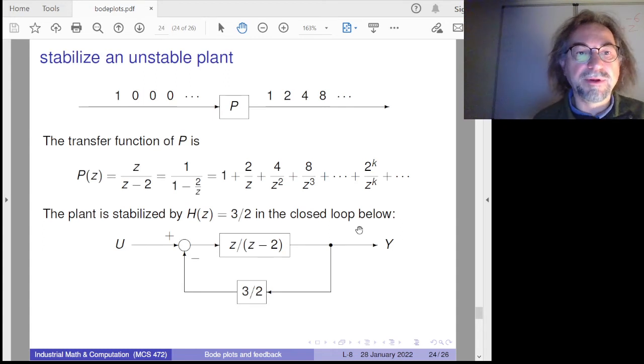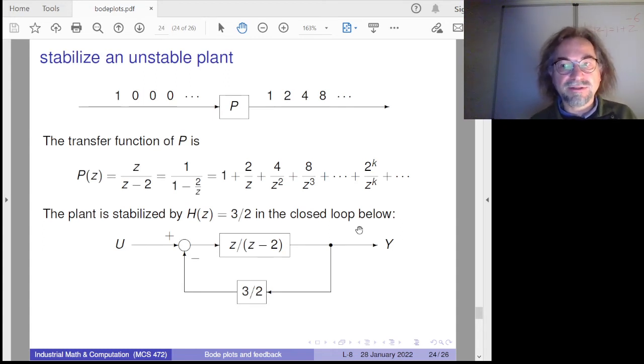We can stabilize an unstable plant. Here we have a process that, given a stable input, a finite input, the unit impulse, produces an unbounded output. One can see this also directly from the z transform if one looks at the transfer function.